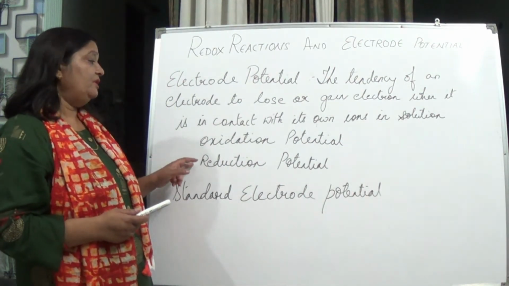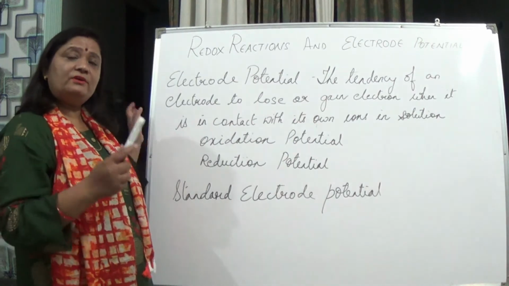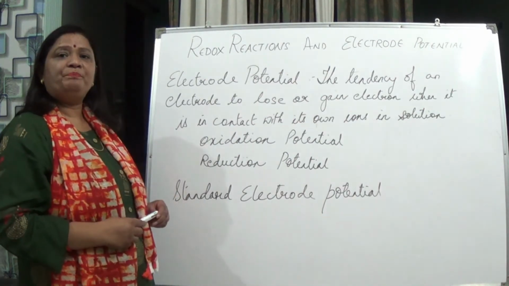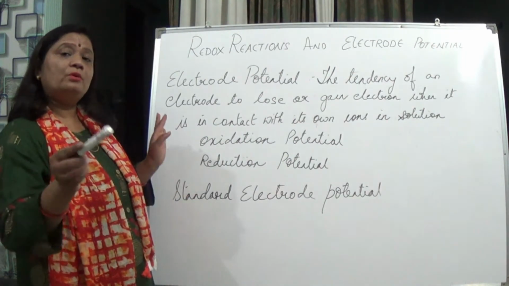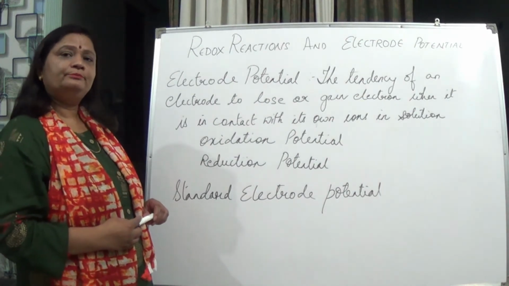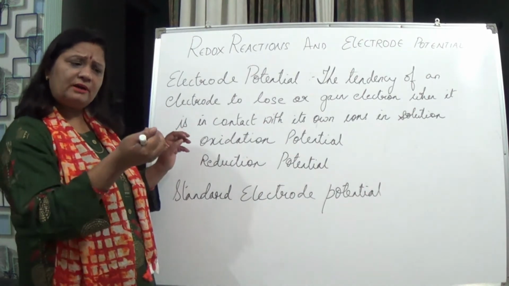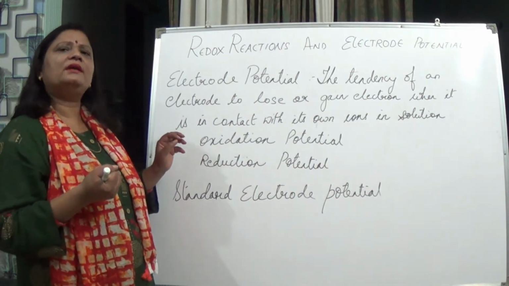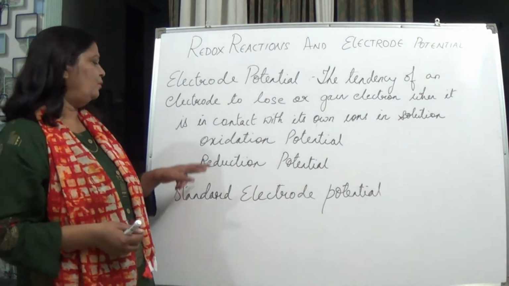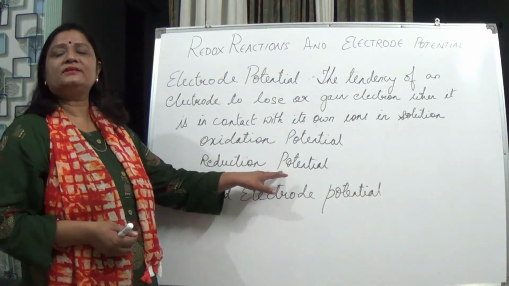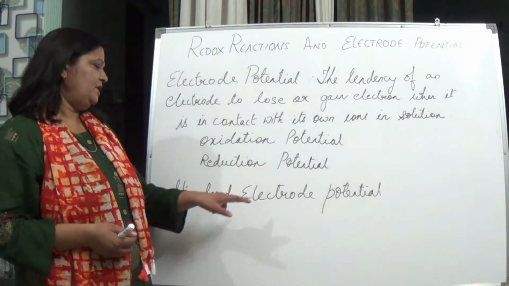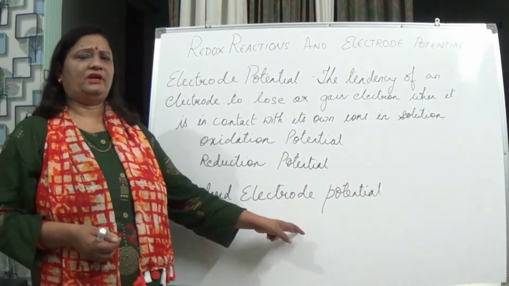Reduction potential, what did you see? The copper, which was in contact with its own solution, CuSO4, took the electrons and got reduced. That is reduction potential.